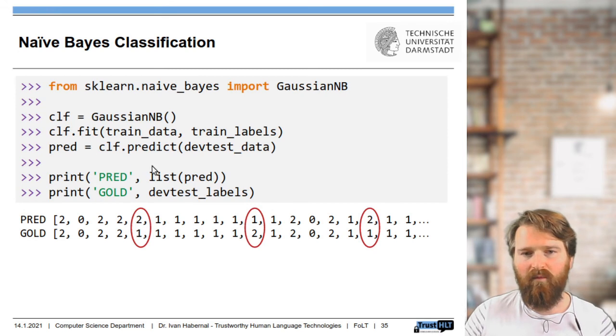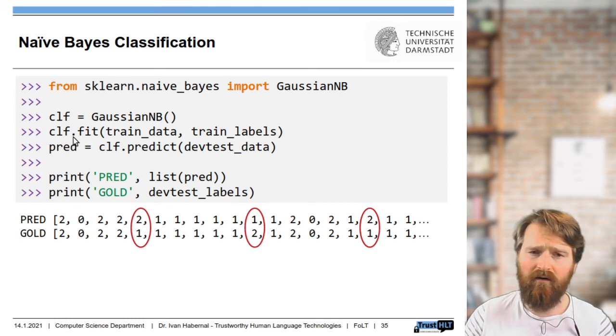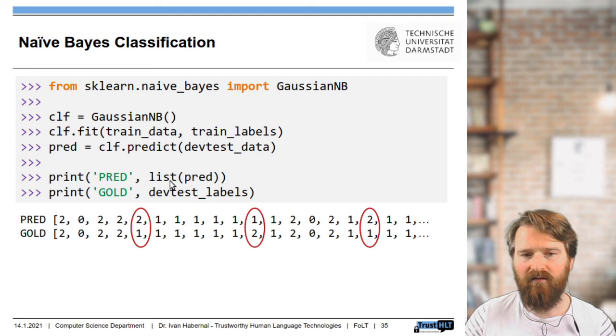So here we get a model, and to train it, we call the fit function, which fits the instance of the model, and by calling predict on some data, we get predictions, and we can print the results to see on which instances the model failed.